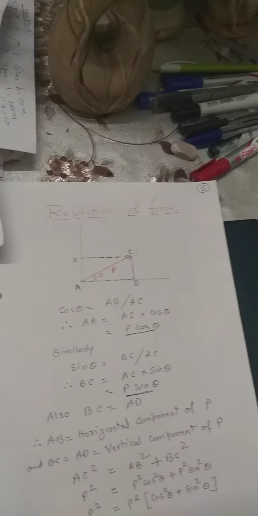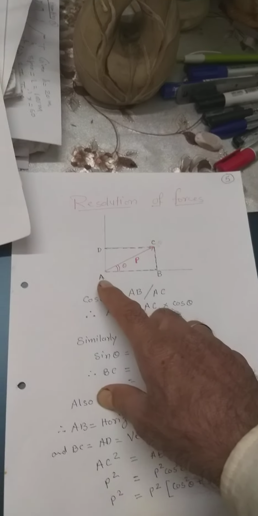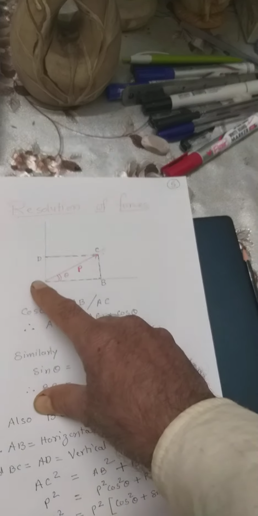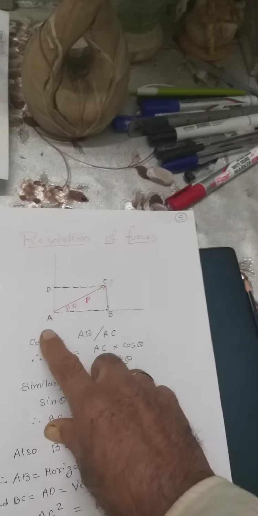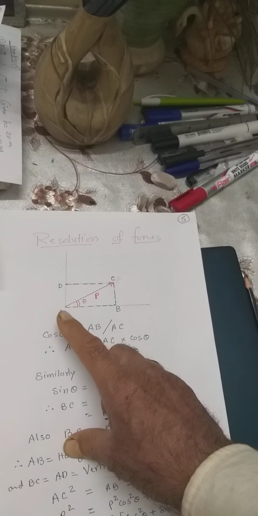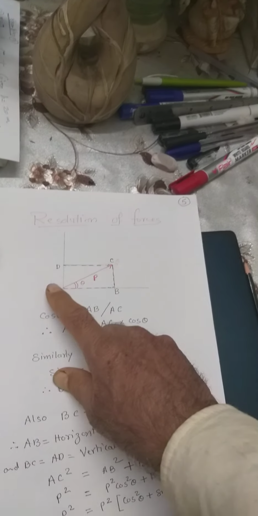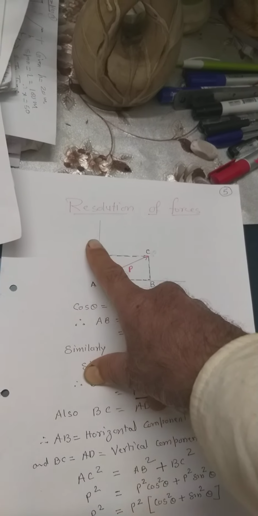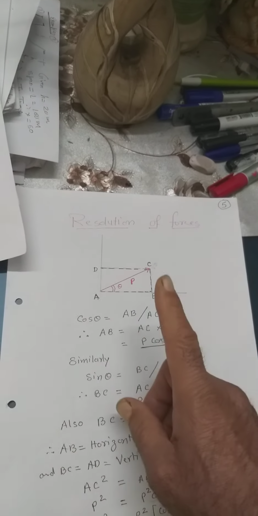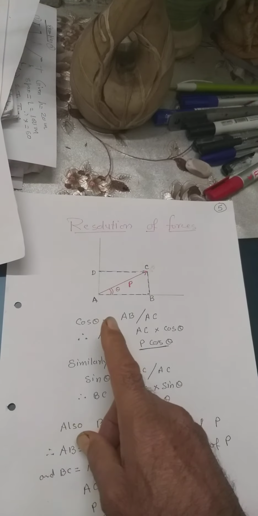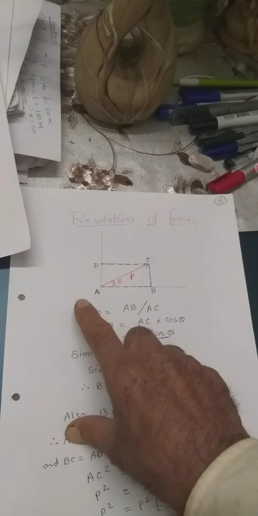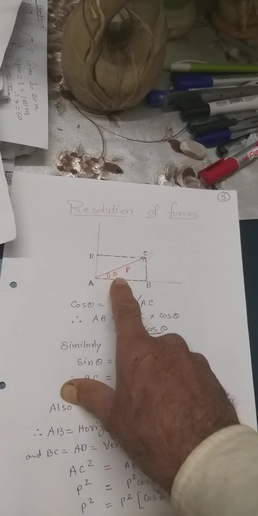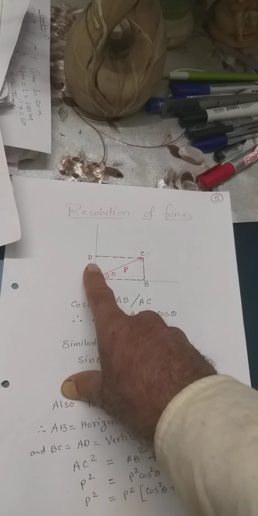One thing you must have noticed over here, that when I am resolving this inclined force in the horizontal as well as in the vertical direction, I have always taken the angle of this inclined force with the horizontal only, not this angle, not this angle.